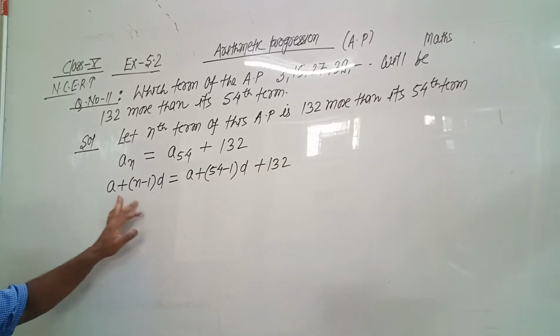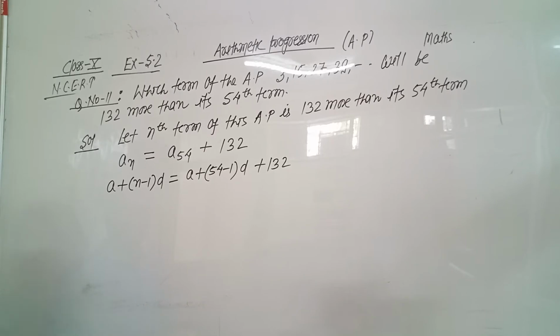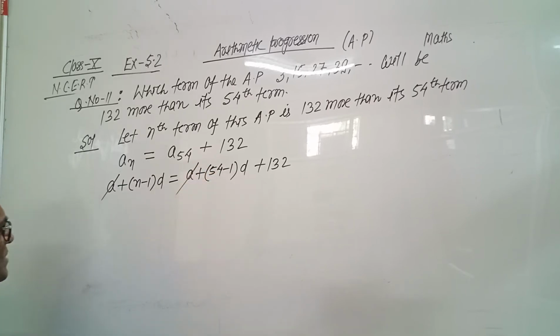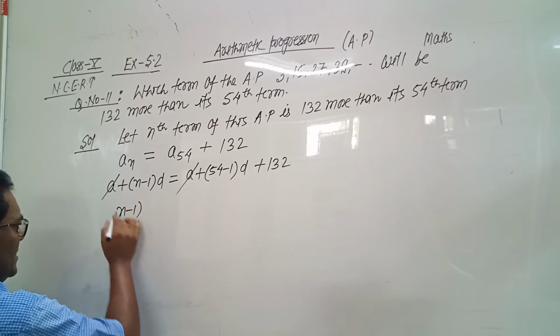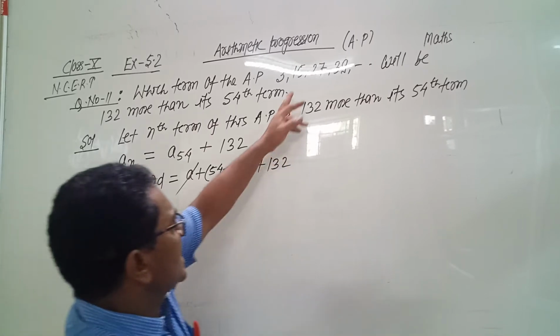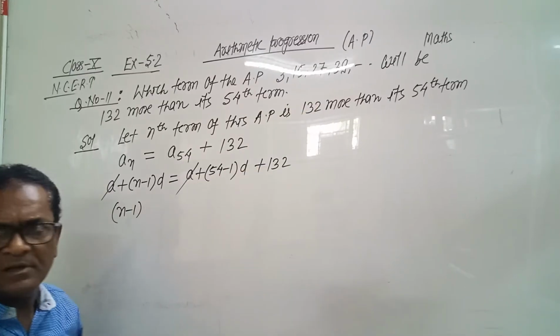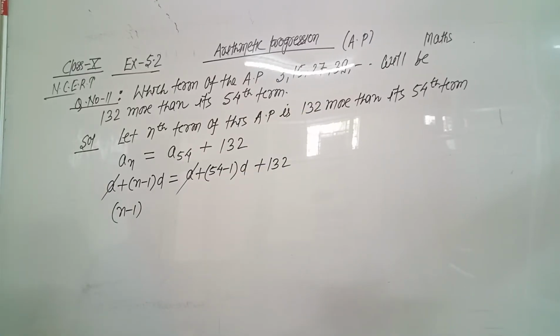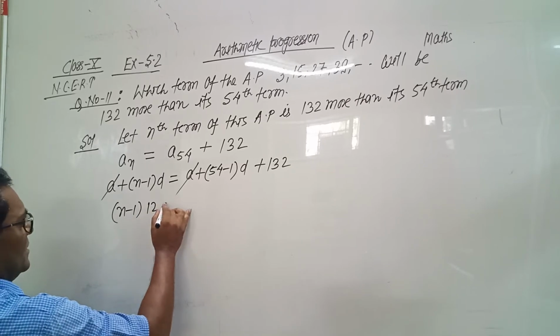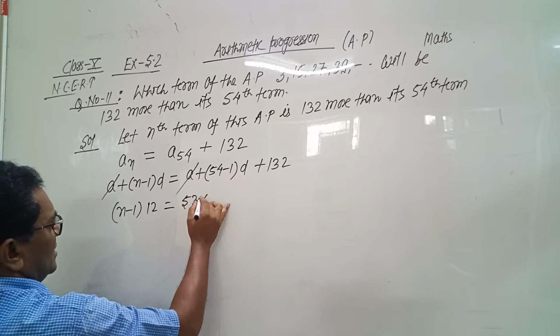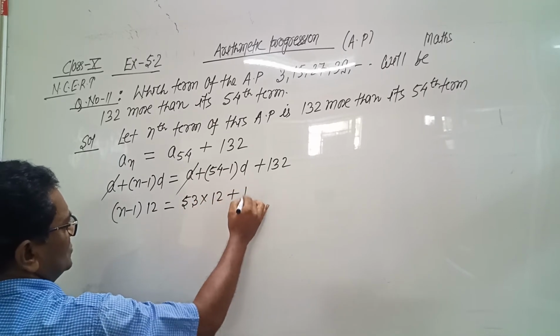The value of A and D: from both the terms, A and A get cancelled. So (n minus 1) into D. The value of D is calculated from the sequence: 15 minus 3, 12. The value of D we obtained is 12. Equals 54 minus 1, 53 into 12 plus 132.